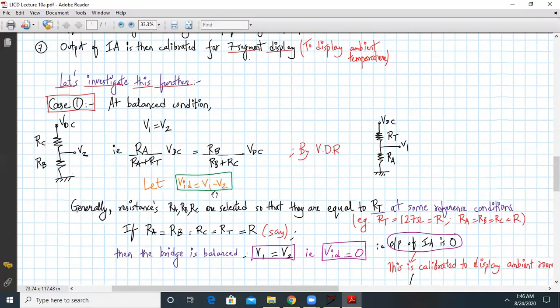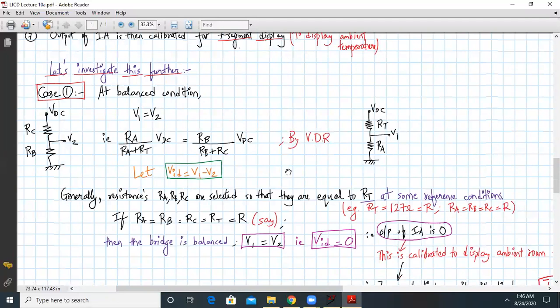Let us say that the difference between the two input voltages is VID. So VID is nothing but V1 minus V2. Generally, the resistances RA, RB, and RC are selected so that they are equal to RT at some reference condition.